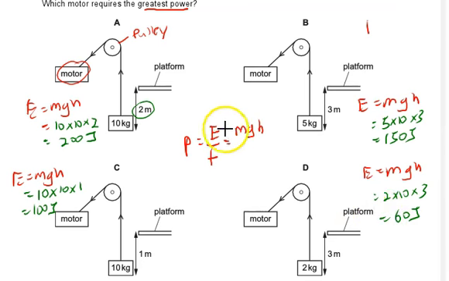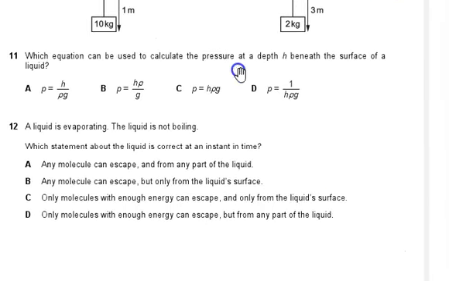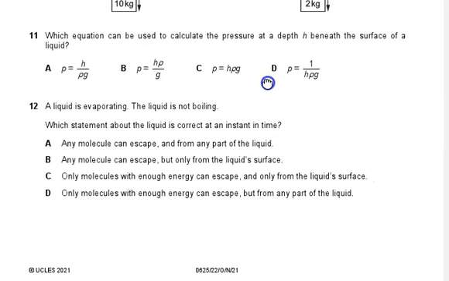So for the greatest power here, the time is constant, we can just put 1 because it's the same time for all. So it's all depending on the energy. The highest energy here is A. So this is for number 10. Now let us move on with question number 11.